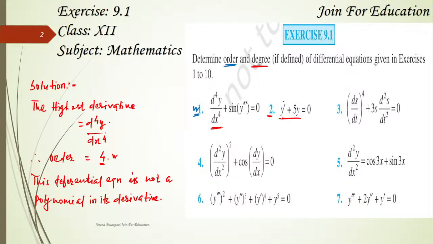The maximum power of the highest derivative is nothing, it means 1. So the degree of this differential equation will be 1. So the order will be 1, and the degree will also be 1. Hope there is no problem to understand the solution of question number 2.